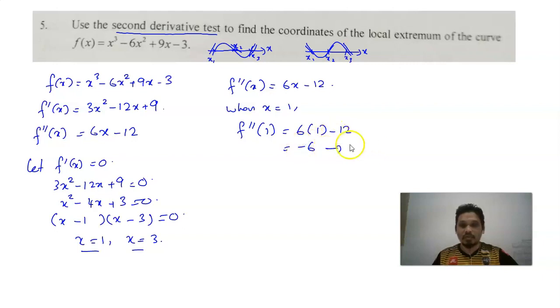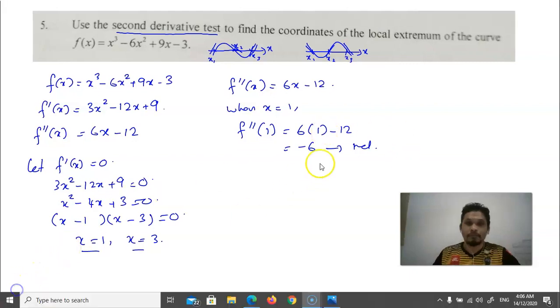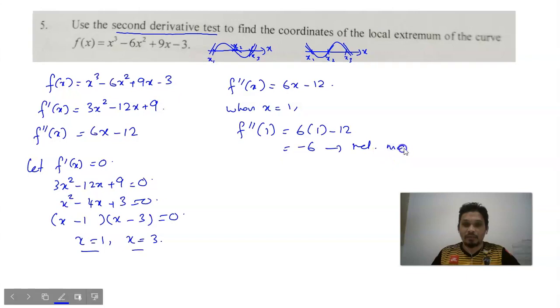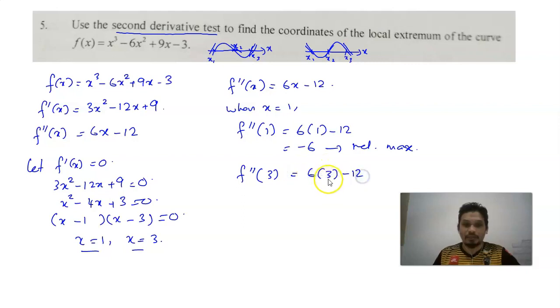So we come up with the conclusion that it is a relative maximum. Okay, and then f double prime for x equal to 3 here, then 6 times 3 minus 12, which is 18 minus 12, and come out with equal to 6.